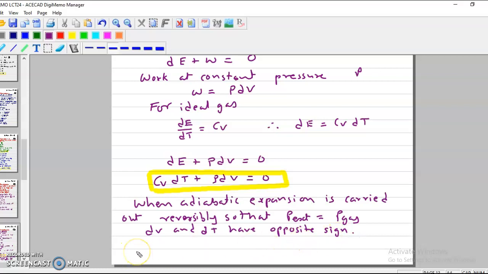So if volume of gas decreased, temperature also decreases. So this way we can find out CV or work done in this condition. Okay, that's it in this lecture. Thank you so much.